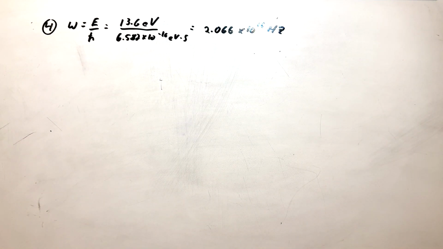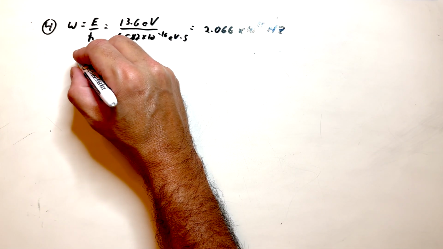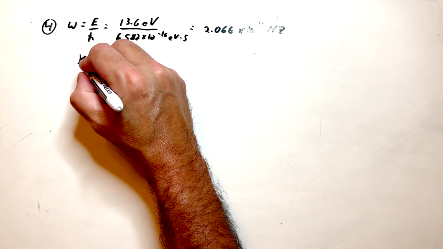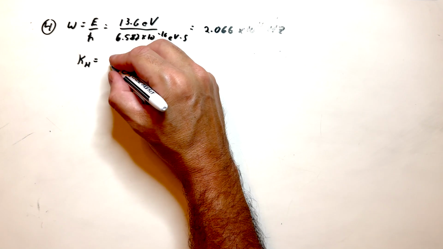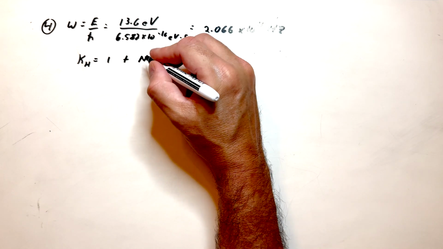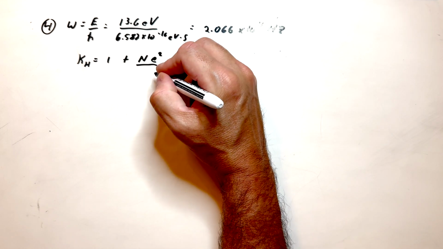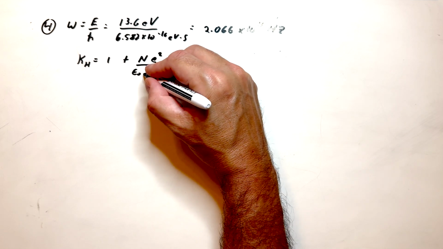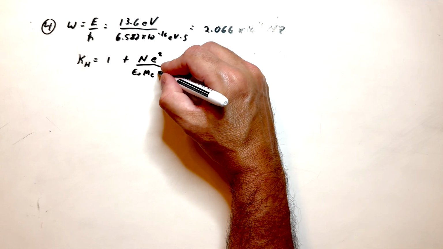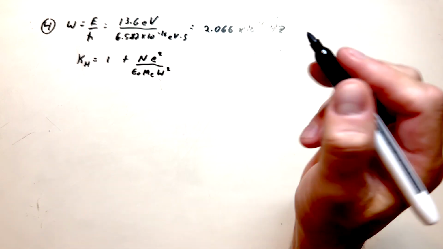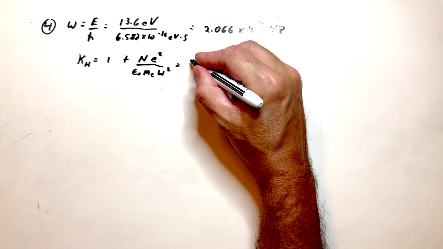Okay, so now we have omega, and so just recall the formula from class. It's going to be 1 plus the dipole density times the charge squared divided by epsilon naught, mass of the electron, and then of course this frequency squared. And so if we plug all these numbers in, what do we get?